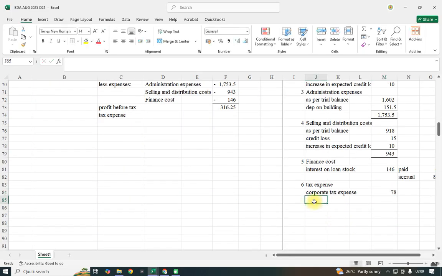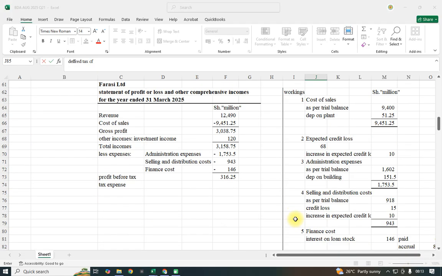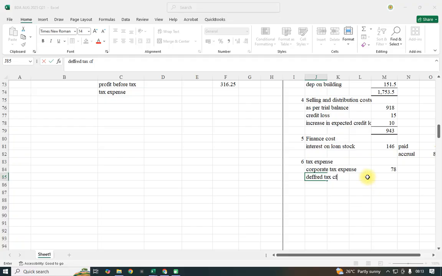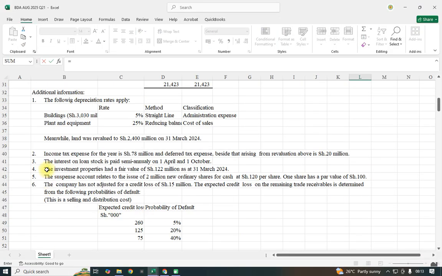And you have deferred tax carried forward. You need to calculate that. They have given us in note number 2 the income tax expense for the year 78 and deferred tax expense beside that arising from revaluation is 20. We shall later calculate this because this is beside that. So 20 does not include that arising from the revaluation.